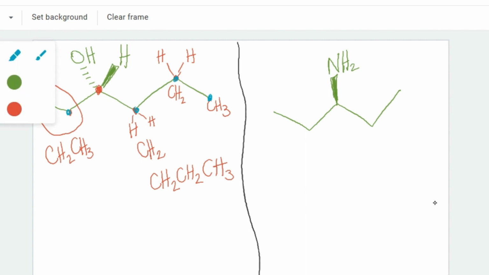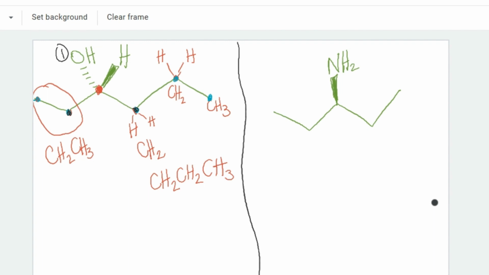This middle one here is the one with the red. So now we're going to start assigning priorities just like we've been doing. The atomic number of oxygen, of course, is 8. We have two carbons here, and we're going to assign priorities. Well, CH2, CH2, CH3 has more of the carbon chain.